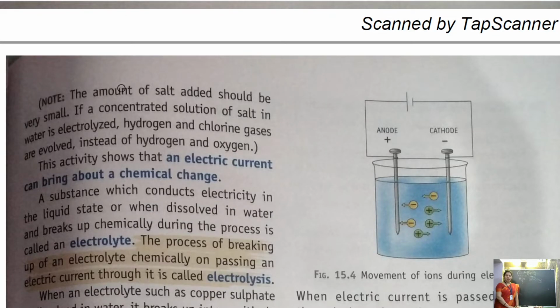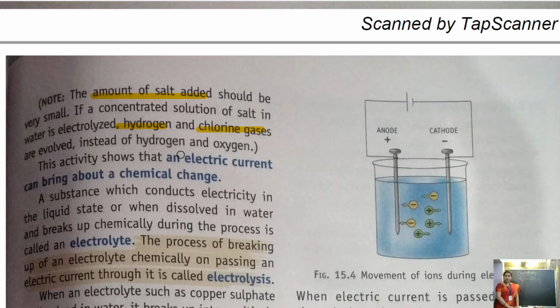We cannot add a large amount of salt because then hydrogen and chlorine gas will be evolved. The oxygen will not be evolved. So we'll add only a tinge of salt. We are not adding it in a large amount. Alright. So this is called electrolysis.